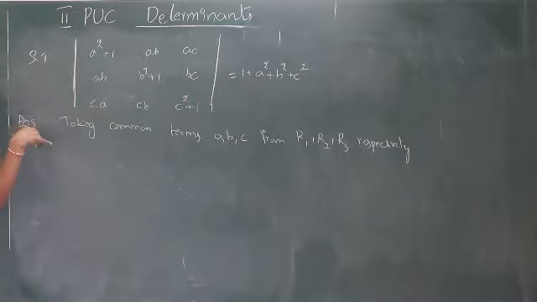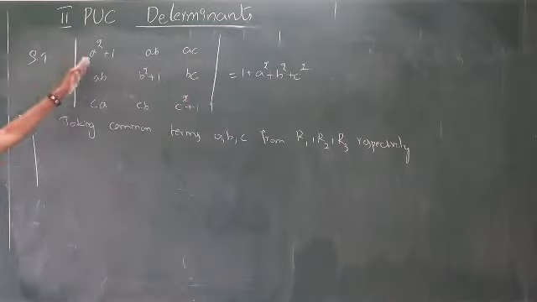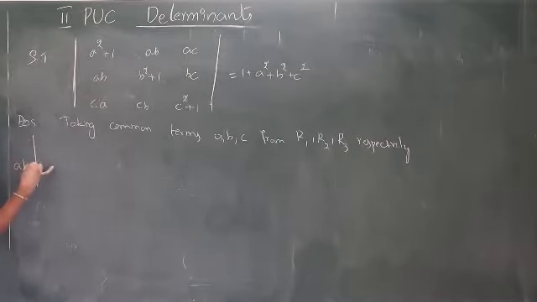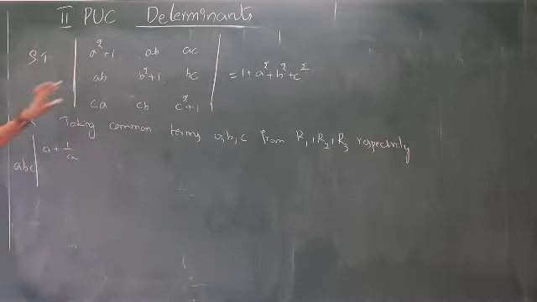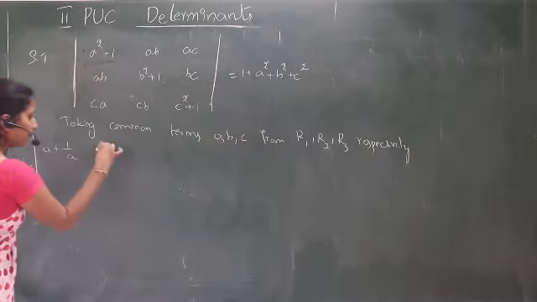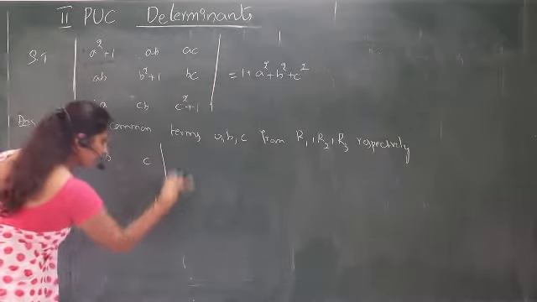So what will be the determinant we obtain now? When you take common terms, if I take a common term I have to write a, b, c outside and divide inside. So here it will be abc, and here it is a plus 1 by a, dividing by a. Here it is b, here it will be c.